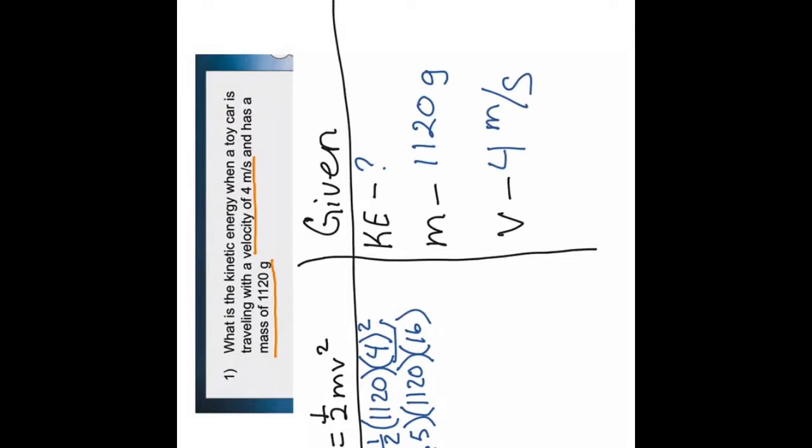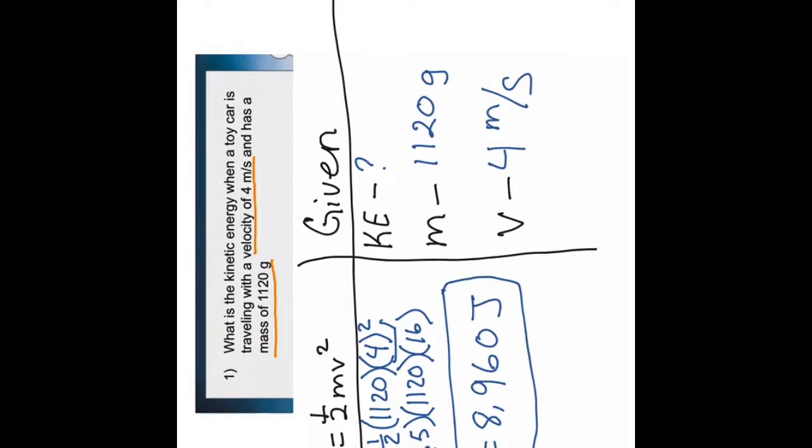So I have 0.5 times 1,120 times 16, and my answer is KE equals 8,960. Don't forget our units, joules. Okay, so that should be the answer that you got for number 1.